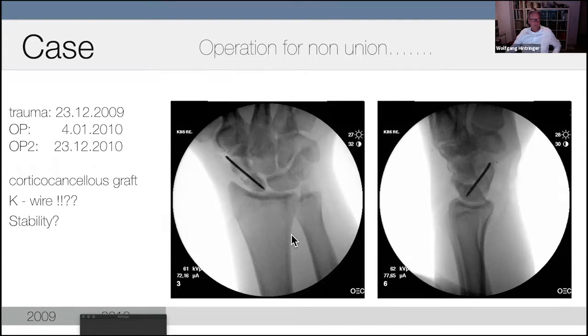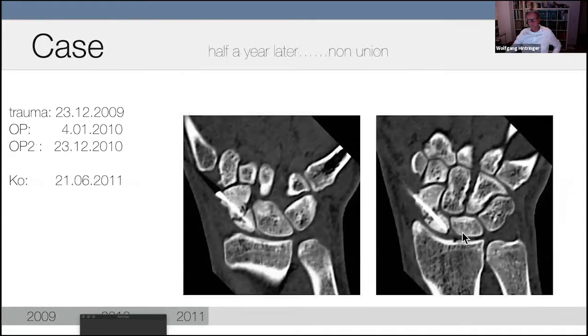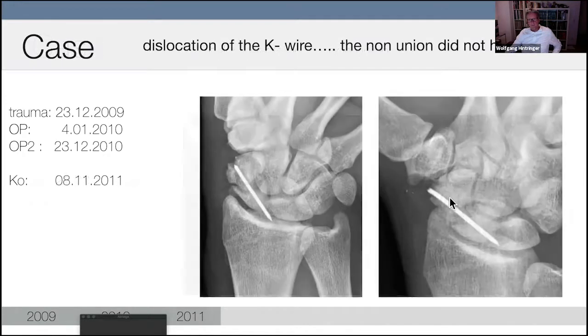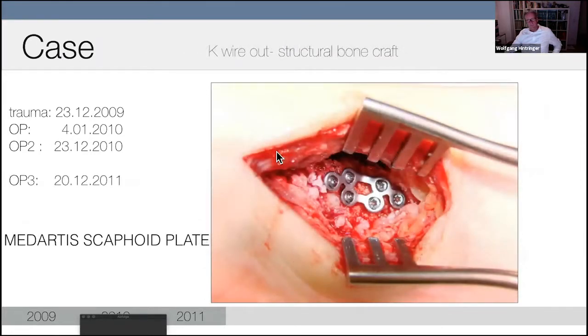How should that work? They have no stability, and it happened what had to happen, a non-union again. Now look at the timeline, we are in 2011, and that is a mess. And then we put in that Medartis scaphoid plate with a big cancellous bone graft.